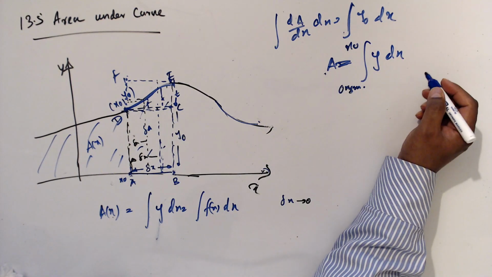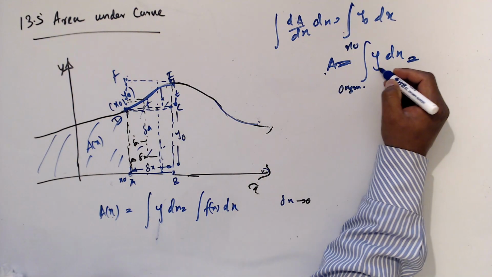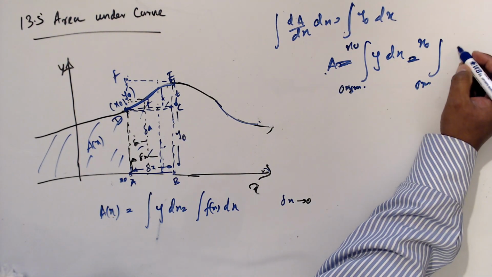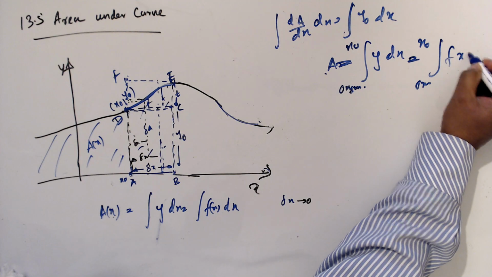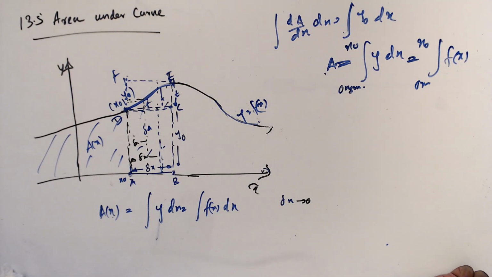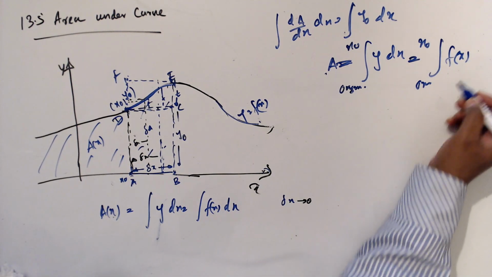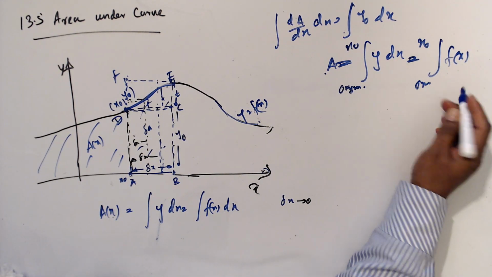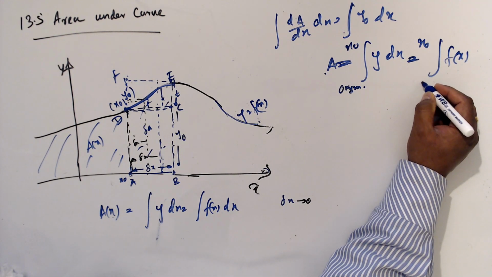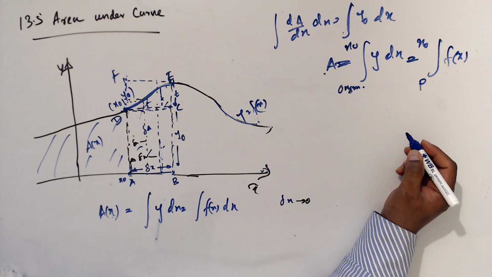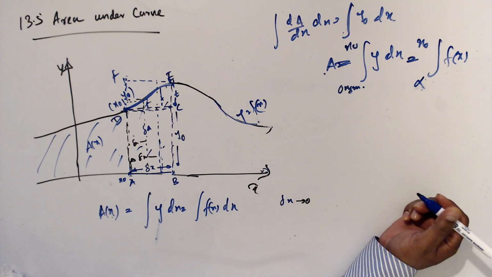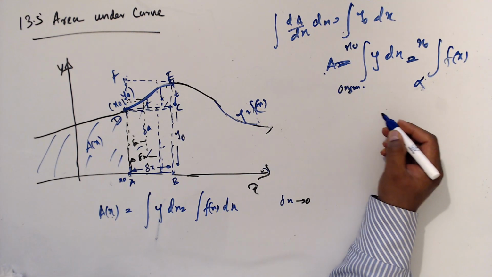Now, for example, instead of y, I am going to introduce origin to x naught and f(x), because this is the y equals f(x) curve. Now, I will take the origin value as something like p, or alpha. Now I evaluate this one.